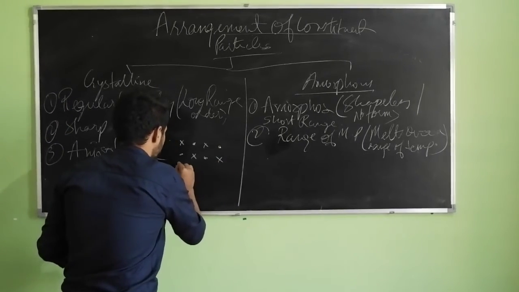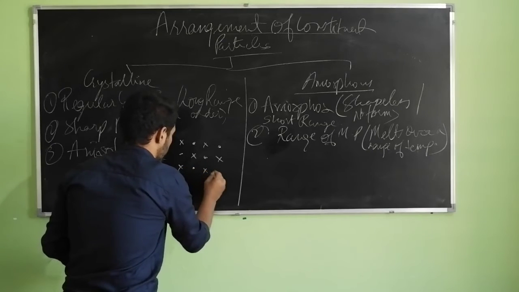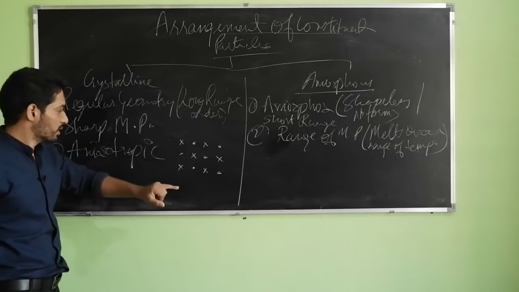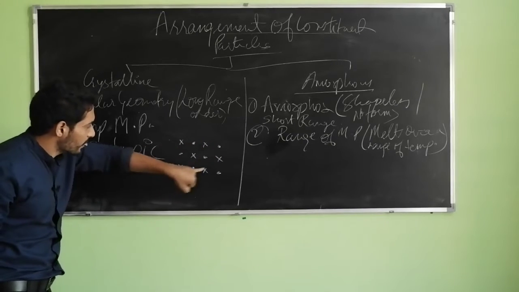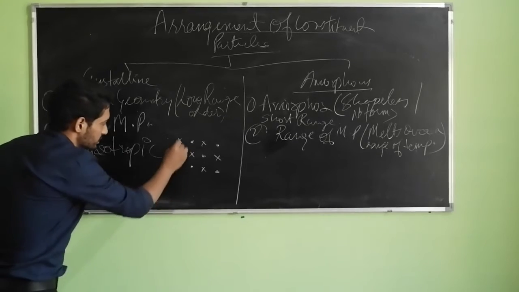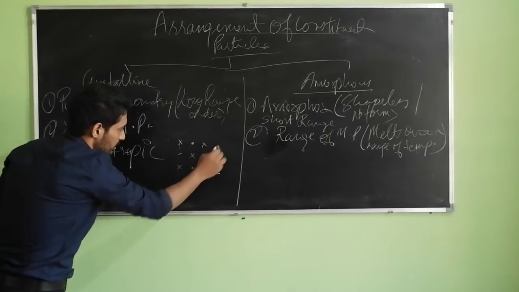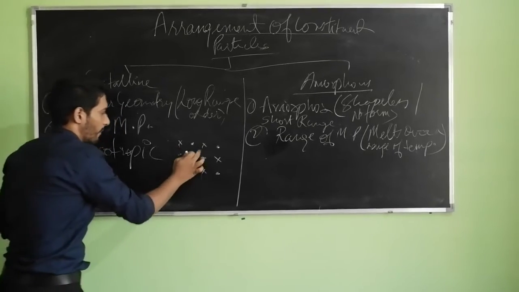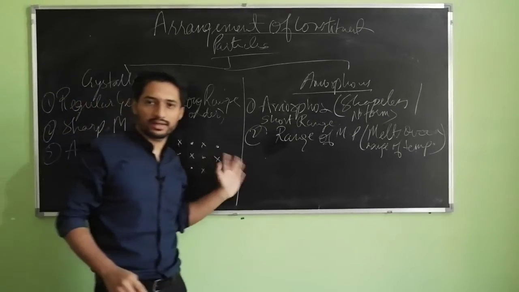So let's say, for example, this is a crystalline solid. This is a 2D figure that I'm drawing. Does this have an arrangement, an order? Yes, it does, because the second and fourth, these all are same. So there is an order that I can see here.